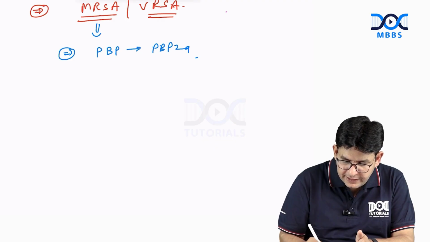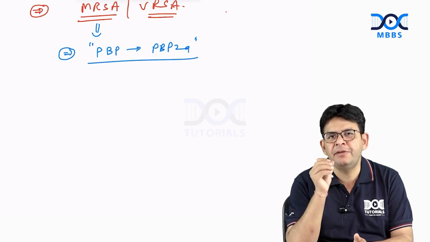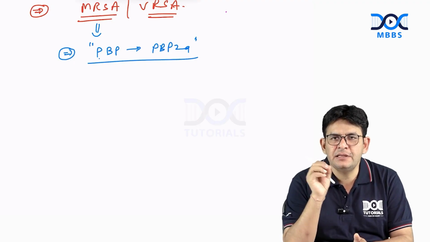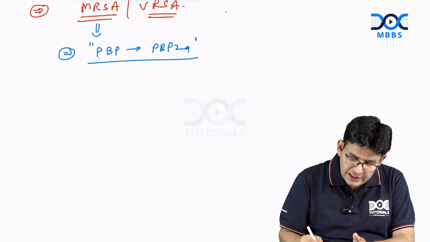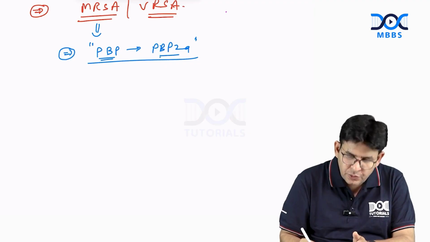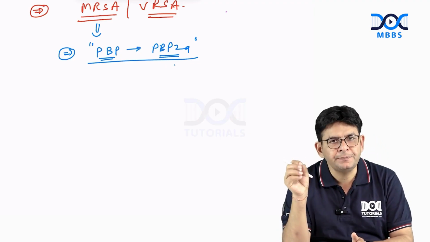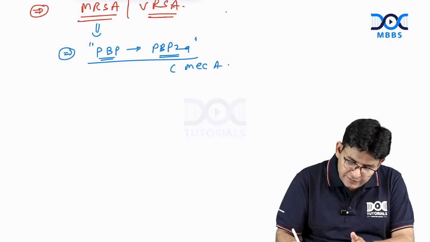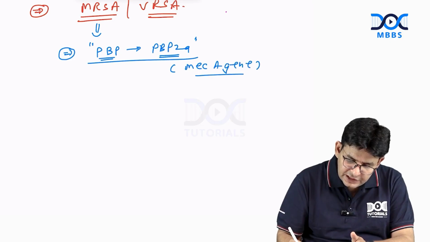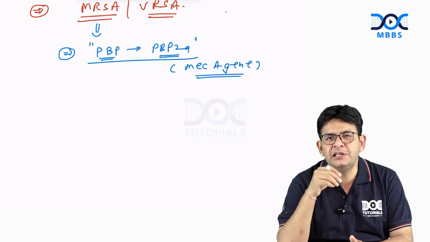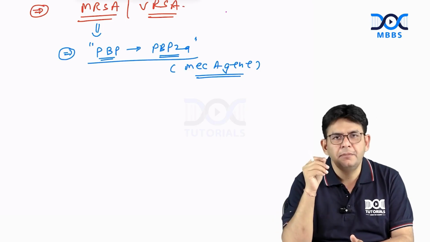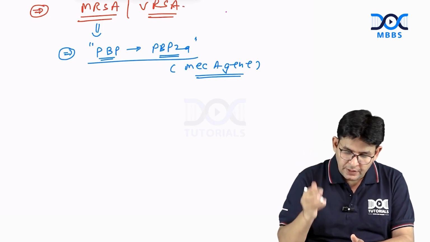Every bacteria has what over its cell wall? Penicillin binding proteins, also termed as transpeptidase. That changes to what? Penicillin binding protein 2A. How do they manage to change this? Because of a gene they have acquired from somewhere. What is the name of the gene? Answer is mecA gene.